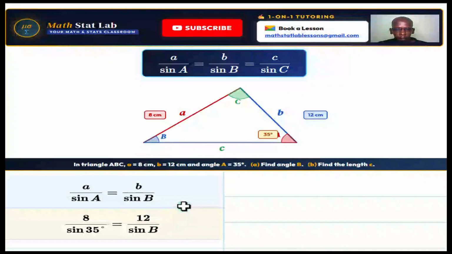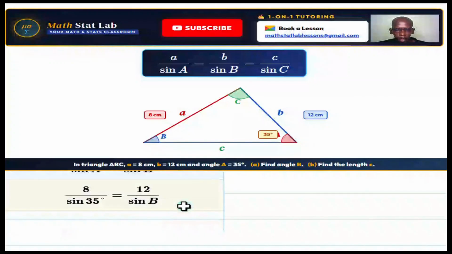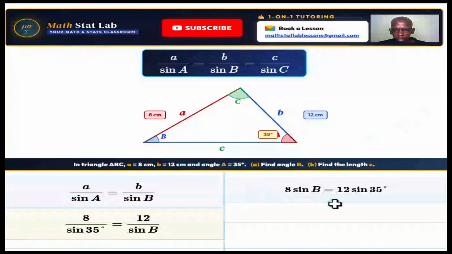Now we can just cross multiply, and we have 8 sine of B equals 12 multiplied by the sine of 35 degrees.